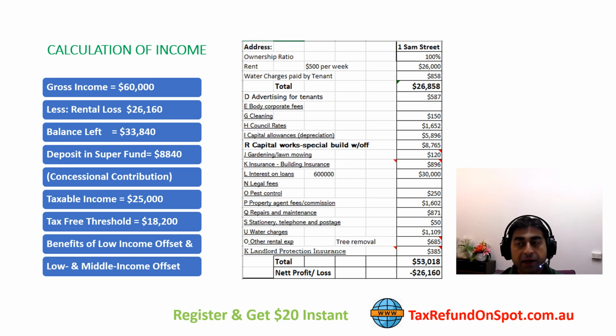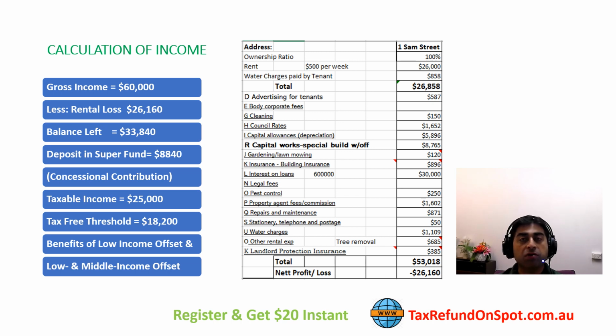If you see the rental sheet, it has all the income and all the expenses. But the important thing to see is that out of that loss of $26,000, his depreciation is about 14,000 or 15,000, which is a non-cash expense. He has not incurred that expense, he has not paid that out of pocket.